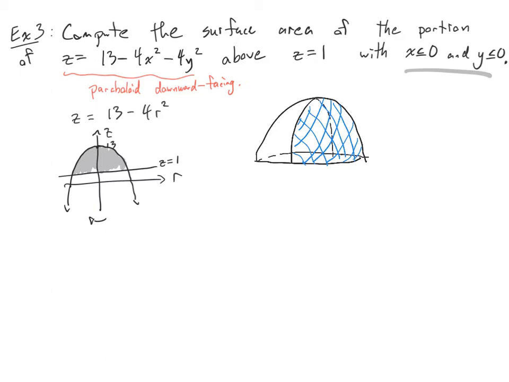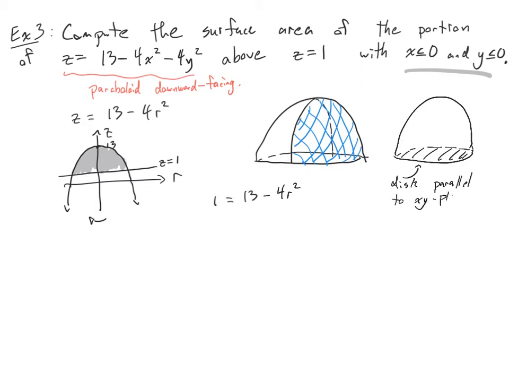The way I would do this problem is I would set z equals 1, and plug z equals 1 into 13 minus 4r squared, because I basically want to figure out what is the base of this paraboloid, this disk that I want to integrate over, that's parallel to the xy plane but at z equals 1, which is a plane 1 up from the xy plane.